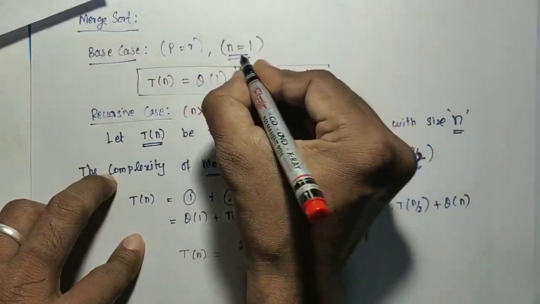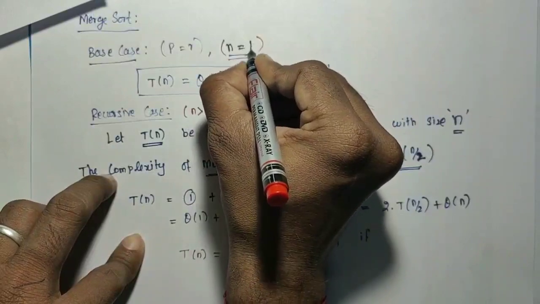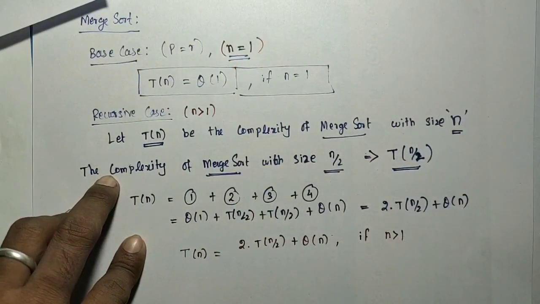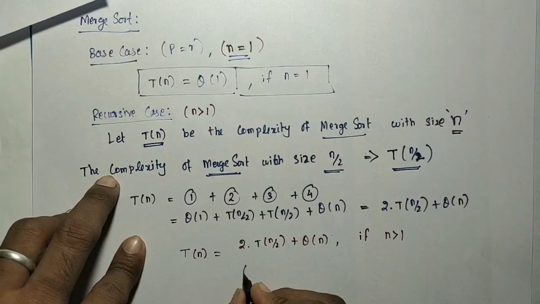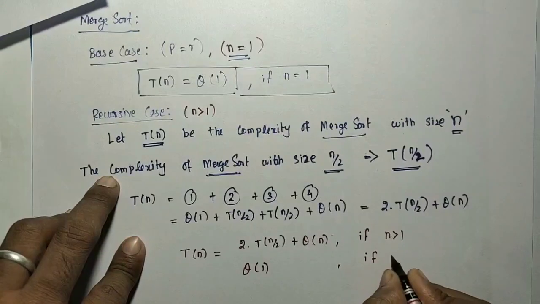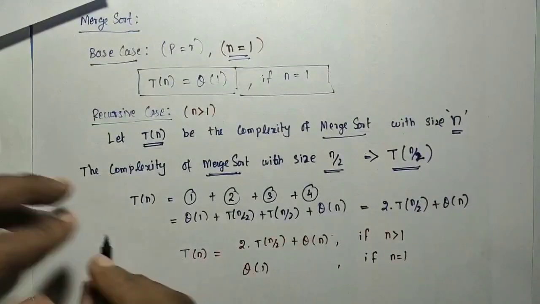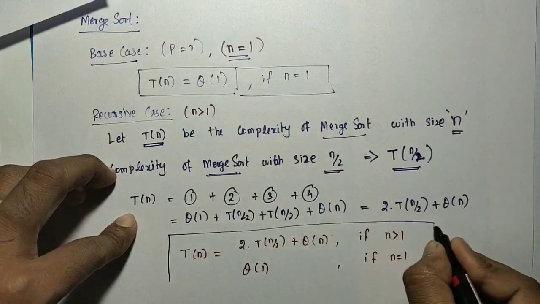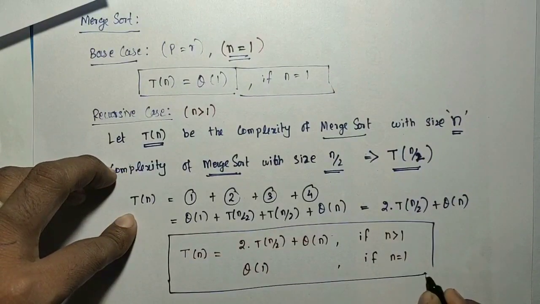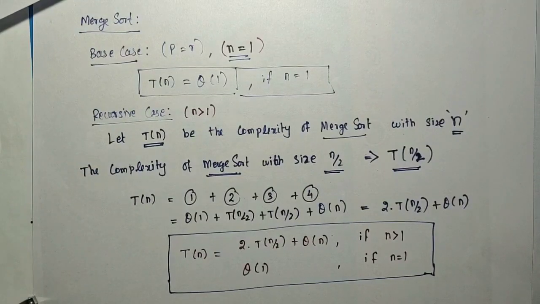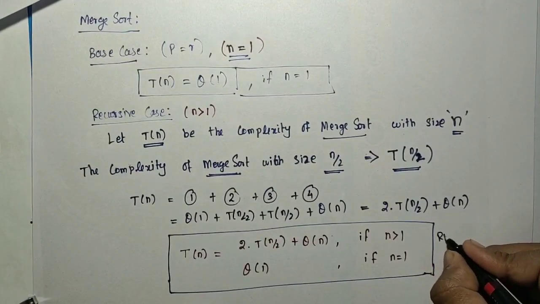Base case means N is equal to 1, and the complexity is theta of 1 if N equals 1. So this is the recurrence we are obtaining for the merge sort algorithm. This is called the recurrence.